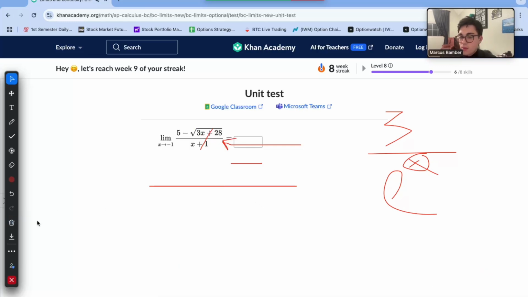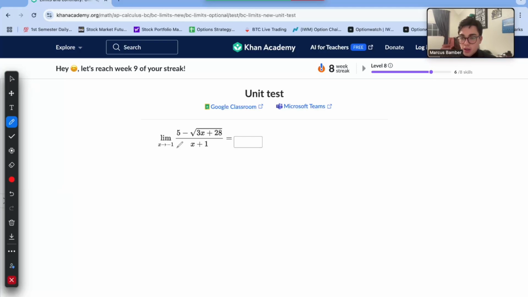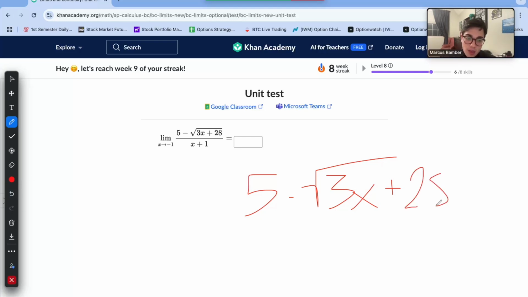Okay, moving on to a new problem. We are dealing with limits with square root functions. How we eliminate the discontinuity here is that we're simply going to use conjugates. How we use conjugates, we're just going to multiply both the numerator and denominator by the conjugate of whichever part of the fraction has the square root.